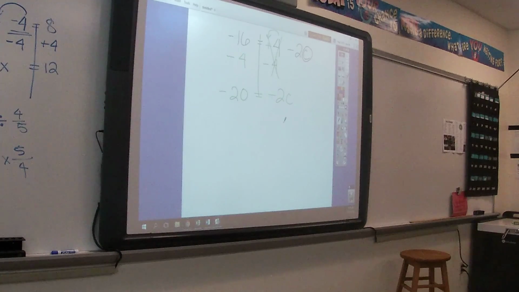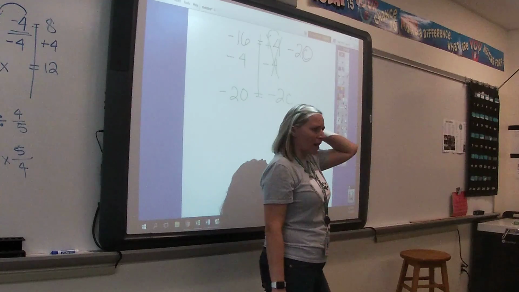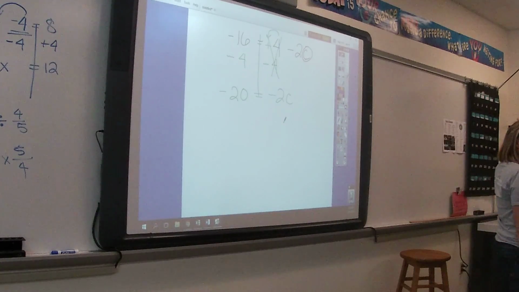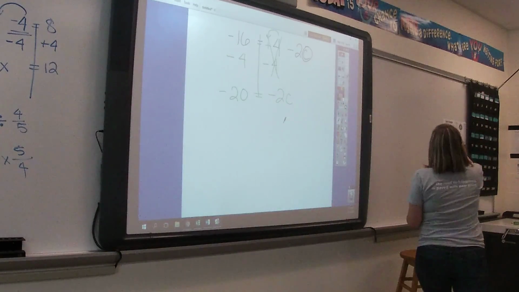Negative 2c. But wait, I thought this was a subtraction. So is that a subtraction or is that a negative? Right? Mrs. McKinney, is that a subtraction or a negative? Yup. Because it's all based on how we read it. What is this word?